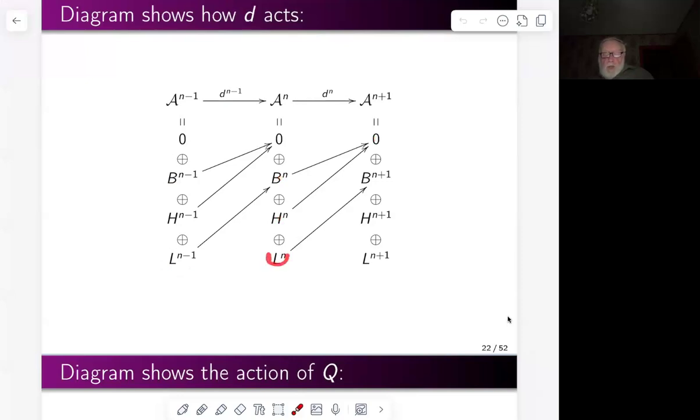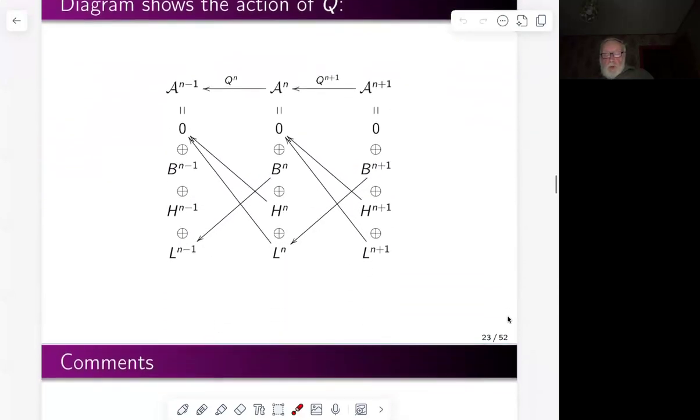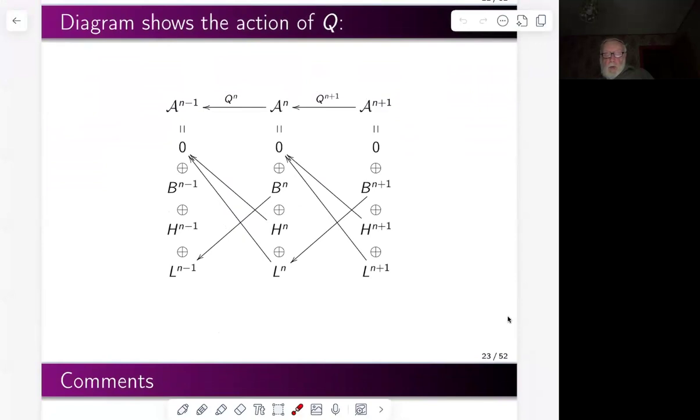And on the level of L, it goes to B^(n+1). In its turn, the degree minus 1 operator Q, which goes into this homotopy data, goes from n plus 1 to n, and from n to n minus 1. On the level of L and H, it goes to 0. And on the level of B, it goes to degree n minus 1. It's the inversion. So it's very easy and nice, diagrammatically clear.